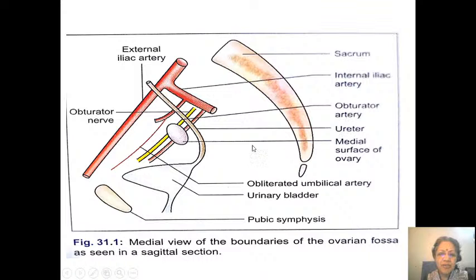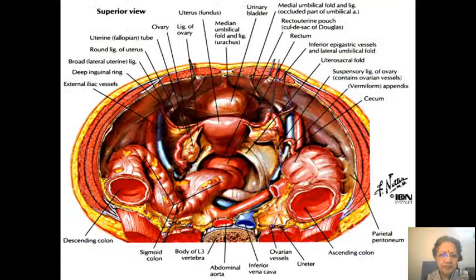Okay, so we have the ureter and you have the obliterated umbilical artery, and you have the obturator artery, and you'll have the nerve, the obturator nerve. Okay, important to remember this.